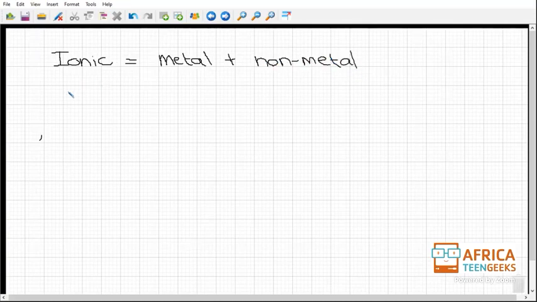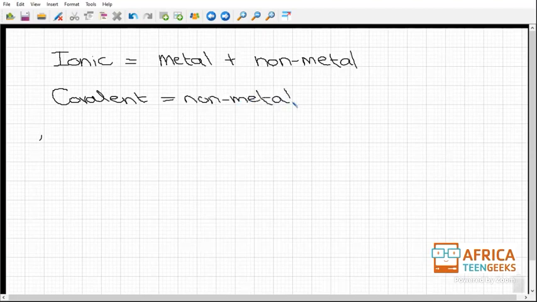Covalent equals non-metal plus non-metal. And for today's purposes, that's all we have to think about. We don't have to worry about metallics. We did both covalent and ionic yesterday.